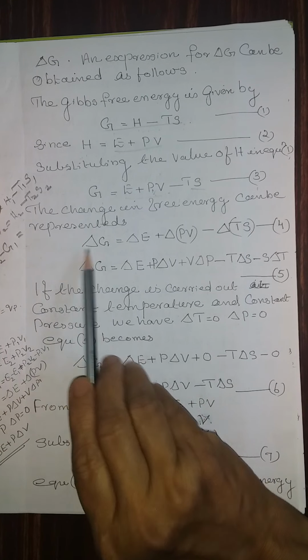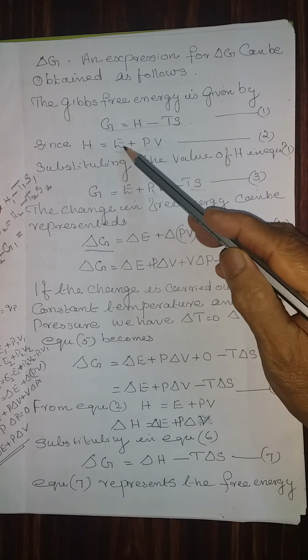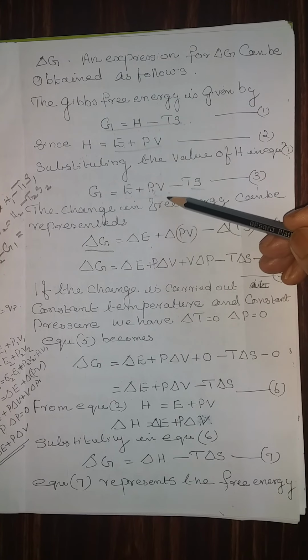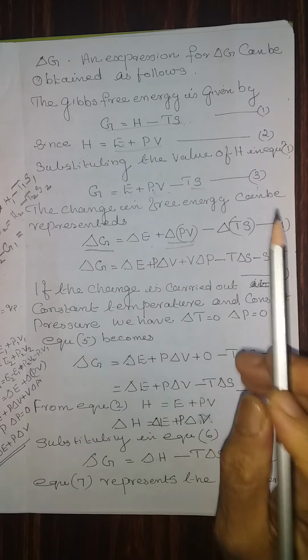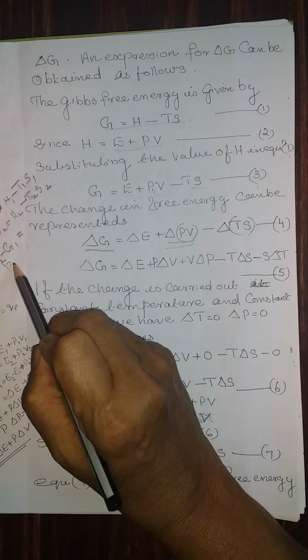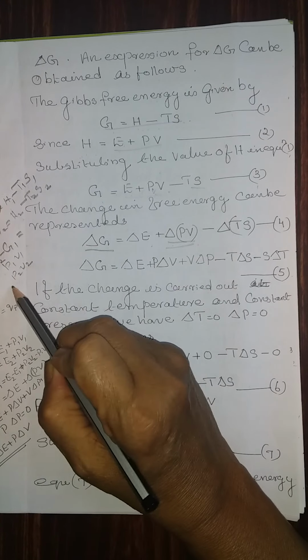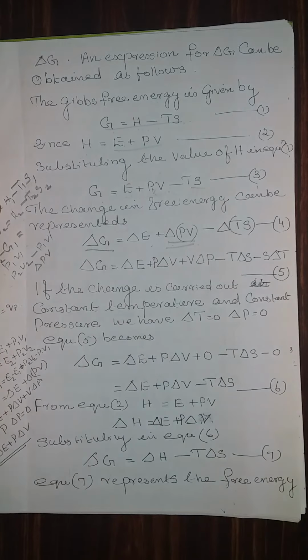Then G2 minus G1 is equal to delta G. And E2 minus E1 is equal to delta E. P2 V2 minus P1 V1 is equal to delta PV.